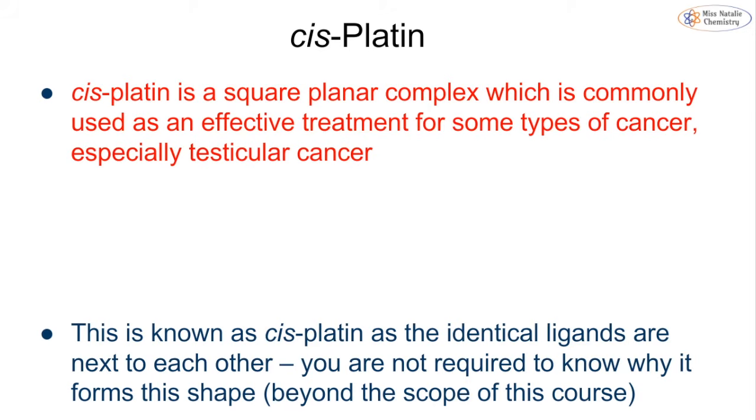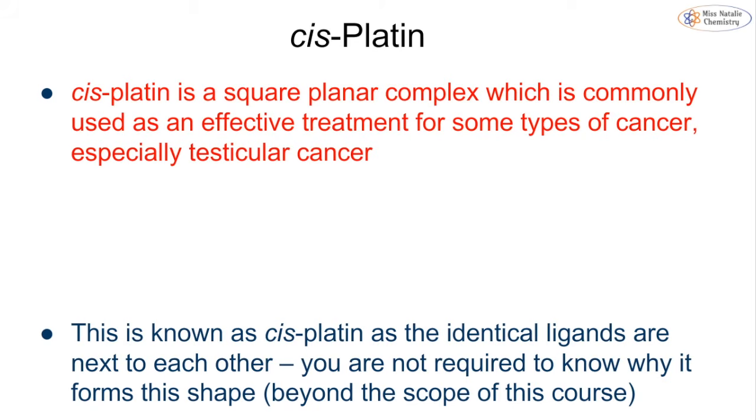These are much less common than any octahedral or tetrahedrals, and it's actually not easily explained by VSEPR, by our valence shell electron pair repulsion theory. And so because platinum is in period 6, it is going to behave very differently. So you are not required to know why it forms this shape. You are just simply required to know that it does.